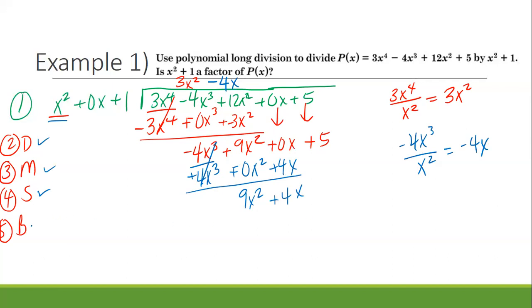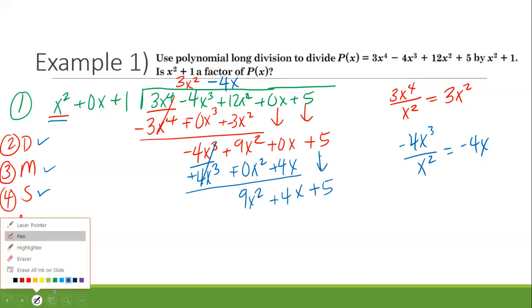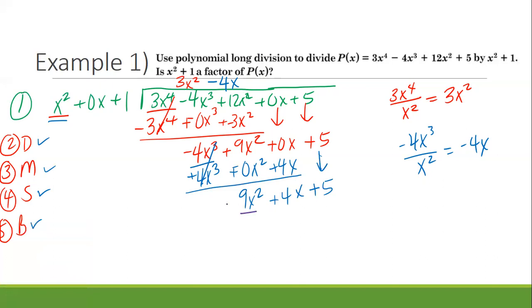Now we're at the bring down. I will bring down because the degree of my remainder is not less than the degree of my divisor. I'm going to bring down the 5. So we have 9x squared divided by x squared equals 9.